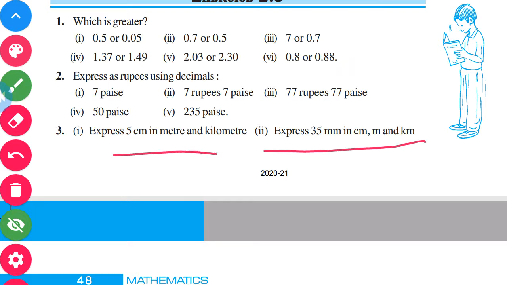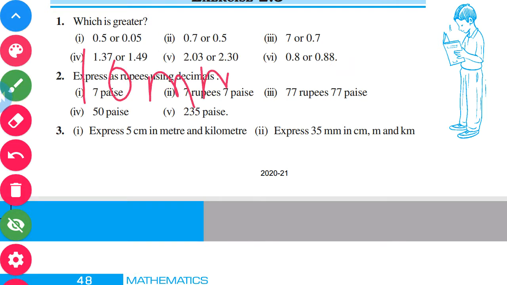So you can easily do this one. 10 mm, if you have seen your scale, it becomes 1 centimeter. Between 0 to 1 centimeter, there are 10 lines. So each line is nothing but a mm, and 10 mm is equal to 1 centimeter.